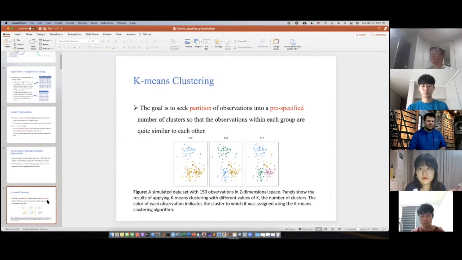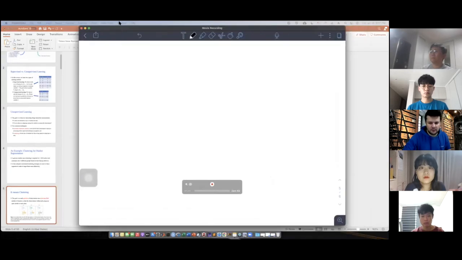K-means clustering is one of the techniques that we can use. The goal is to seek a partition of observations into a pre-specified number of clusters, and that's the important part, pre-specified, so that the observations within each group are quite similar to each other. Now, in general, let me use this whiteboard again.